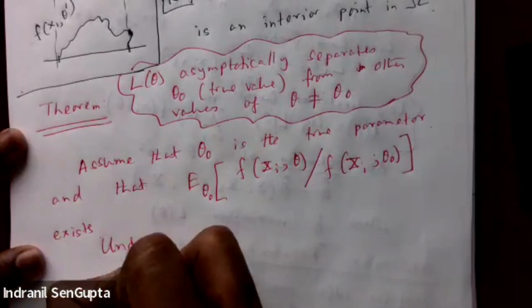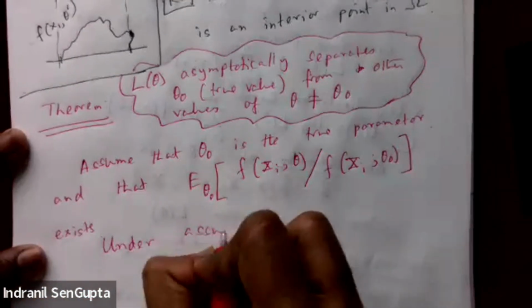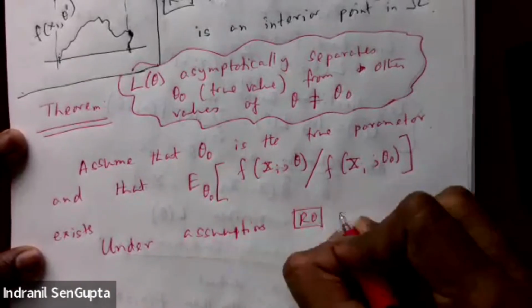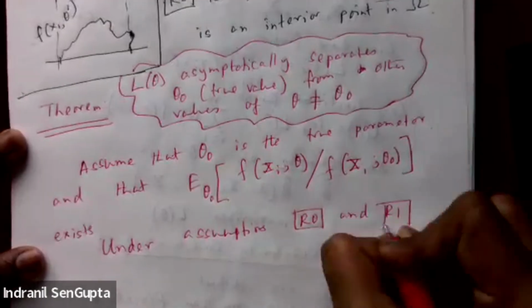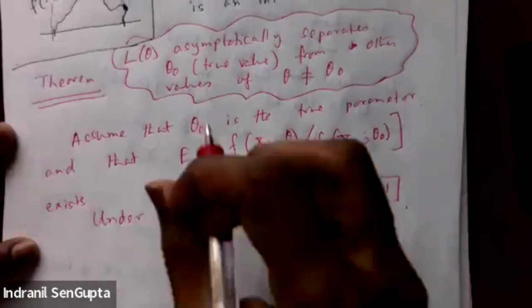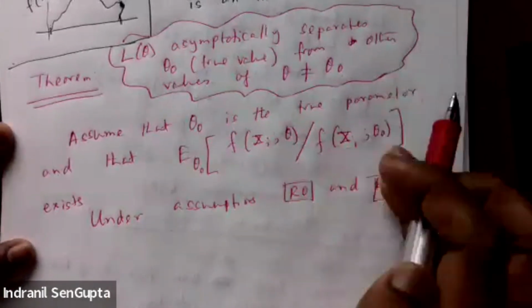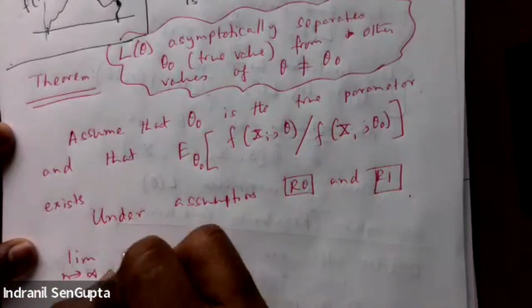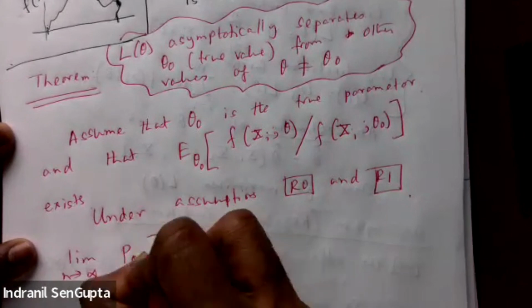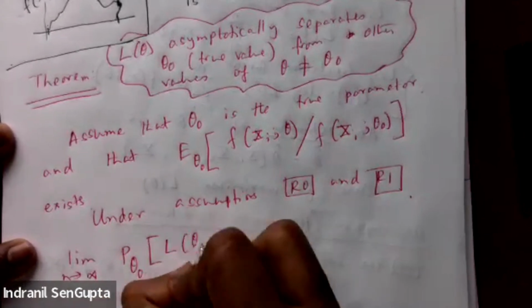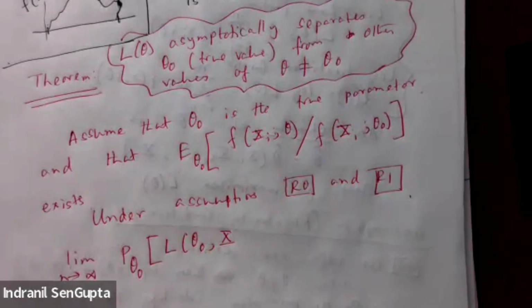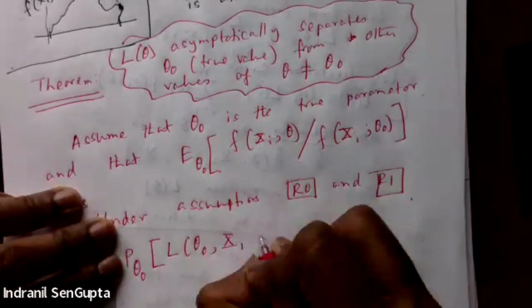Now, under assumptions R0 and R1, I'm trying to write this statement mathematically. It goes like this: limit as n goes to infinity, P of theta 0, L of theta 0, comma, x1.